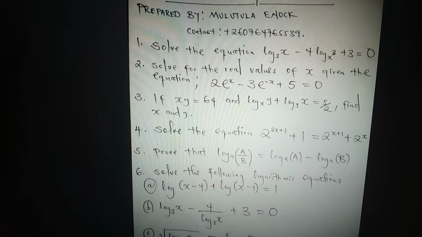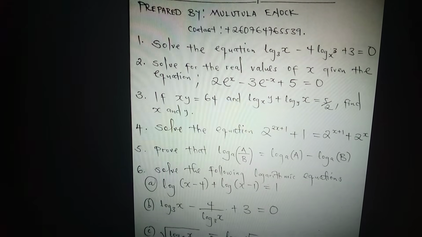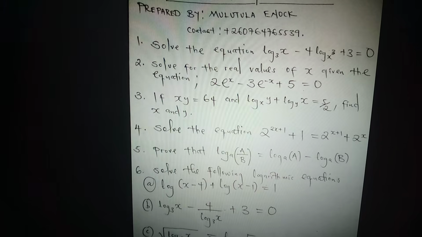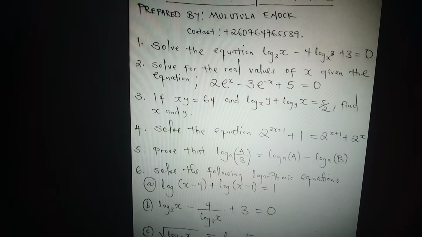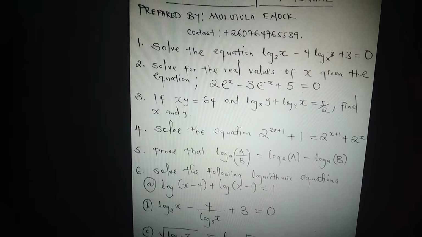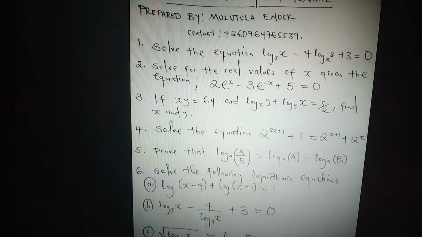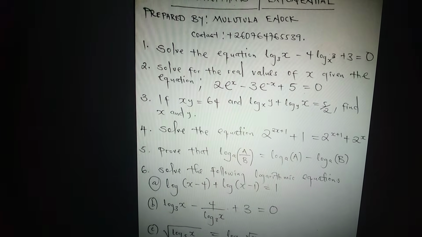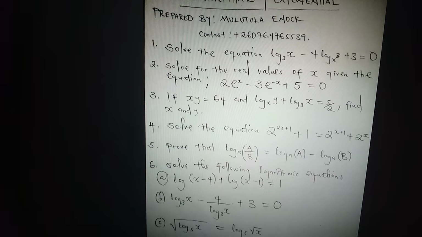So question 3, they are saying if xy is equal to 64 and log base x of y plus log base y of x is equal to 5 over 2, find x and y. So we can answer.